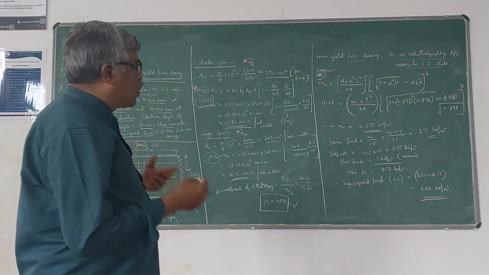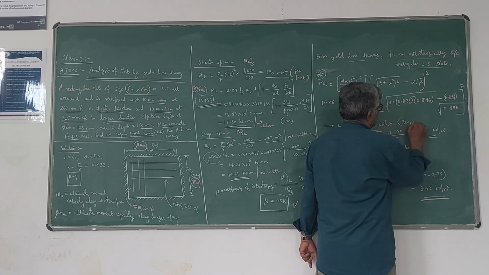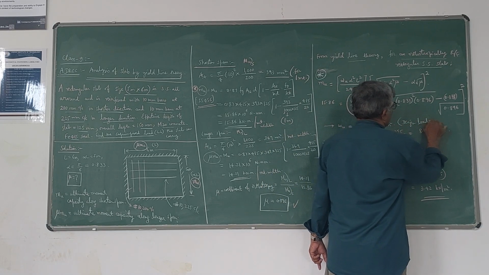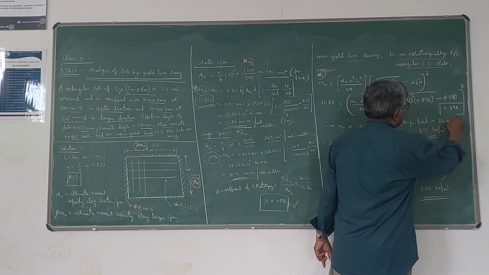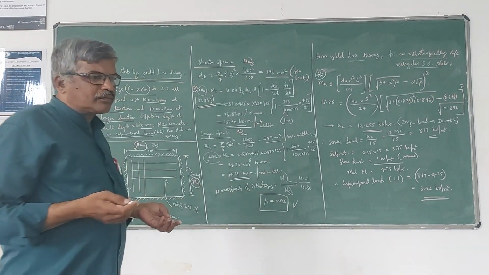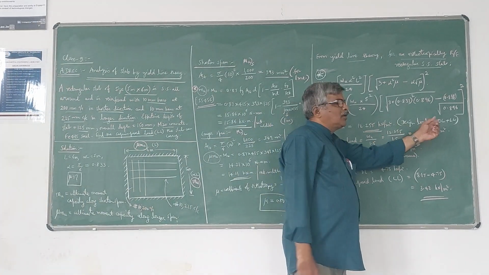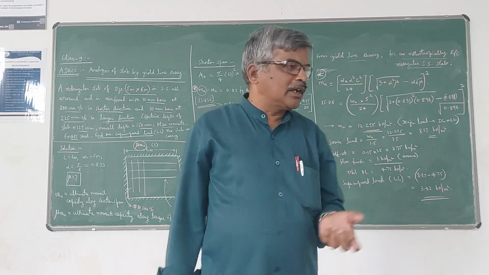Now that is the total load. This Wu is called the design load, which consists of both the dead load and live load. Now we have to calculate the dead load separately from the total load. If you deduct the dead load, you get the superimposed load or live load.